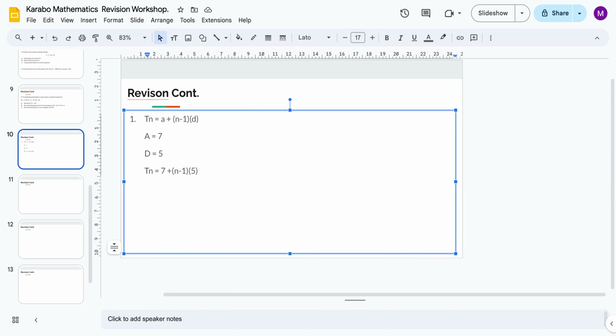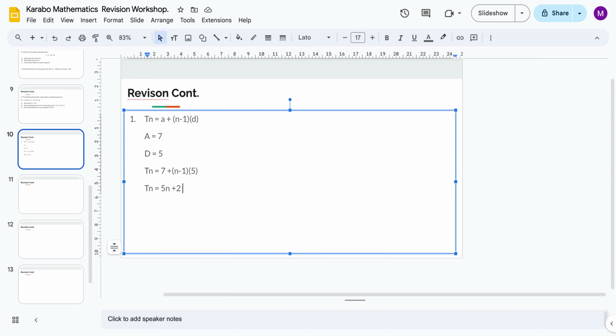So the simplified version of this, if you multiply the brackets out, is that Tn is equal to 5n plus 2. So this is the general term if you simplify out these brackets, okay? If the question does ask that you leave your answer in simplified form, just simplify the term to give them the simplified general term. So this is our general term right here, 5n plus 2.